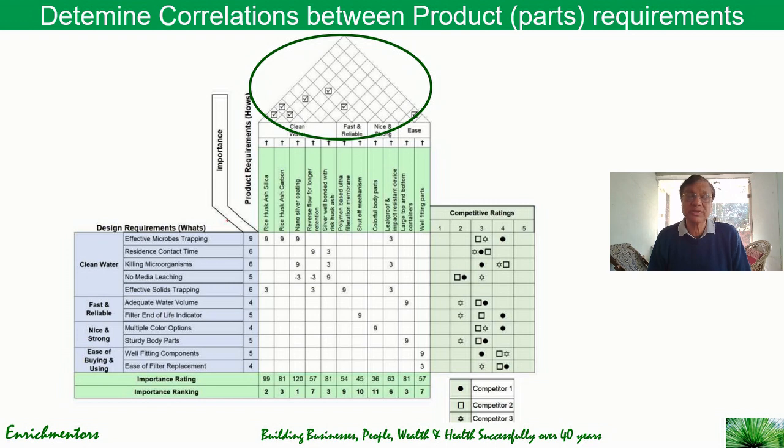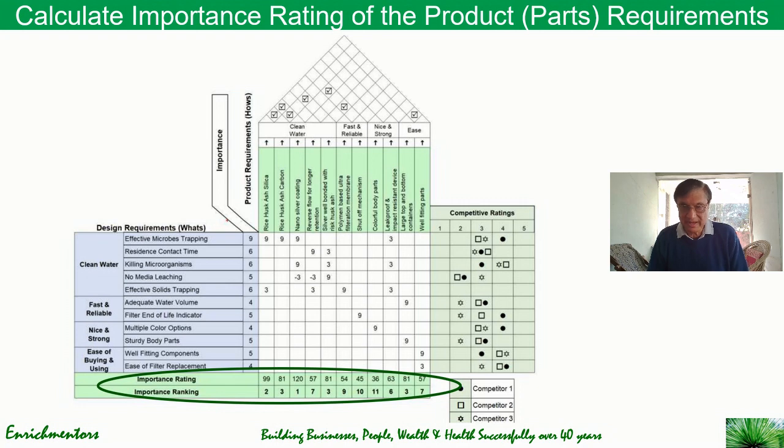If it is a positive correlation, we put a tick, and if it is a negative correlation, we put a cross, right, as you see here. And finally, we determine the importance rating of all the design parameters as we did in QFD1, which is a summation process. We take a relationship weight, multiply it by the importance of the design requirement, and go on doing that and sum it up to determine the importance rating and importance ranking at the bottom end.